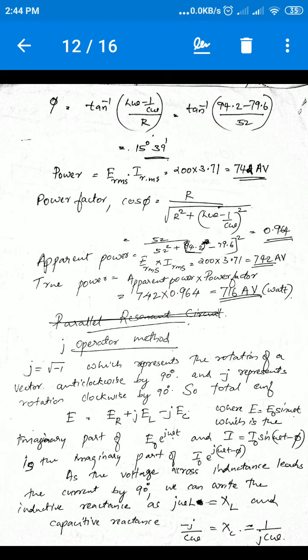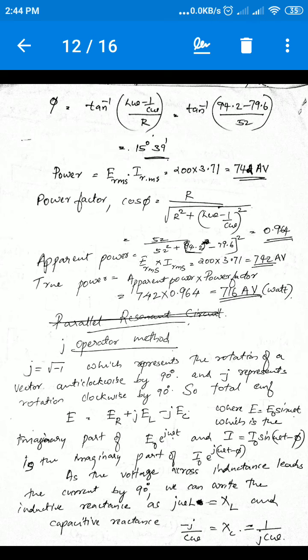So for the total EMF, let us write the applied voltage E equal to E0 sin omega t. And we know that it is the imaginary part of E0 exponential j omega t, isn't it? What is exponential j omega t?